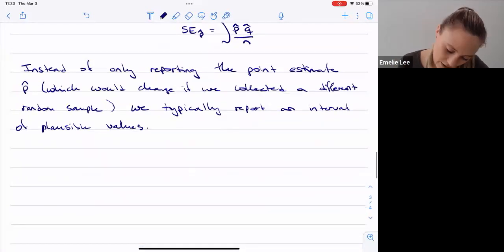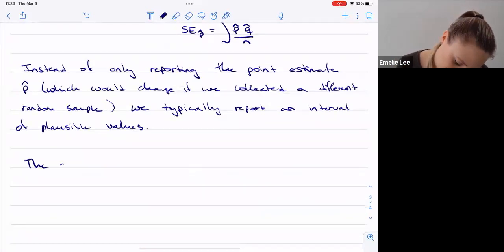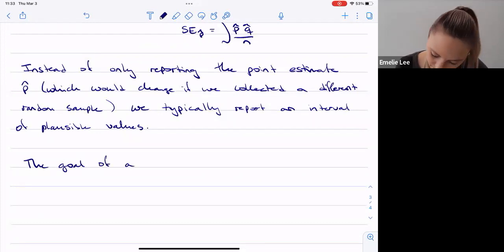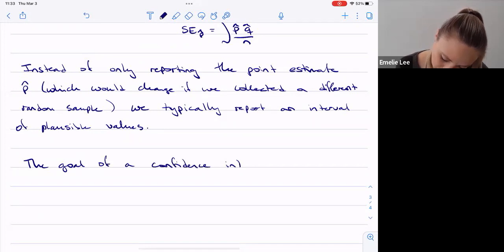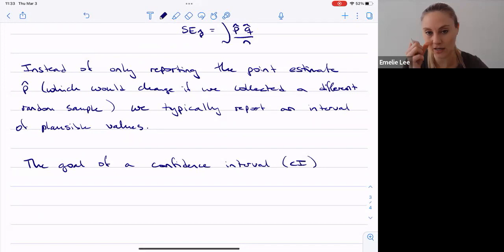But the goal of a confidence interval, that's probably the last time I write it out. Here, I'll define that shortcut or shorthand.